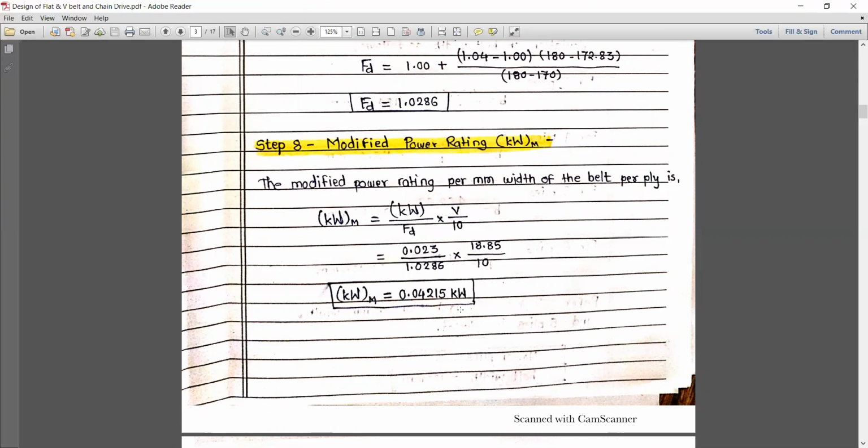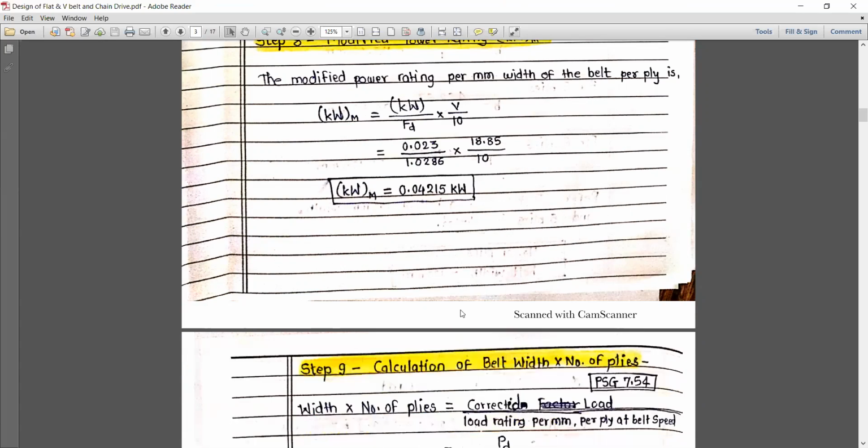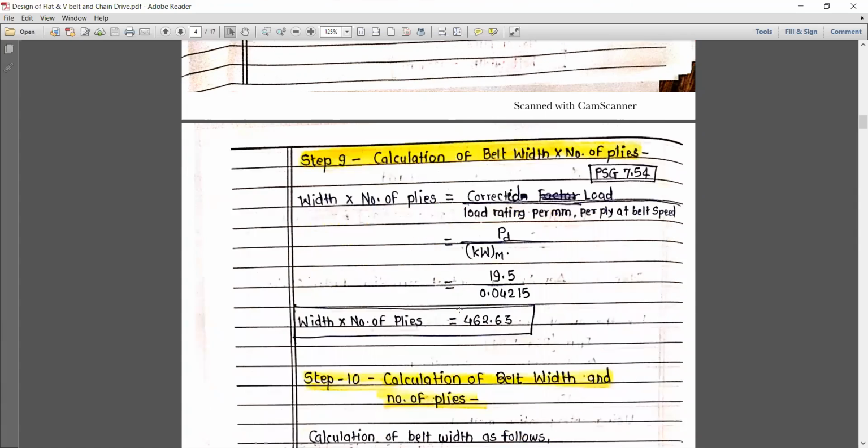Putting all the values, the modified power rating per width of the belt per ply is equal to 0.04215 kilowatt, which we are using for further calculation.